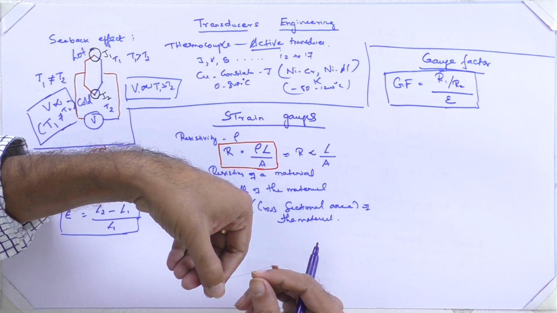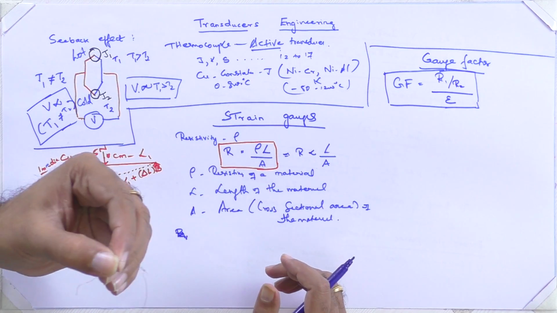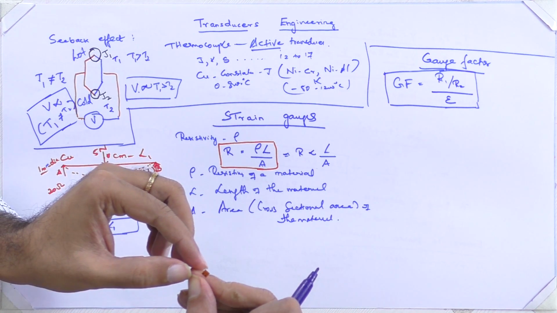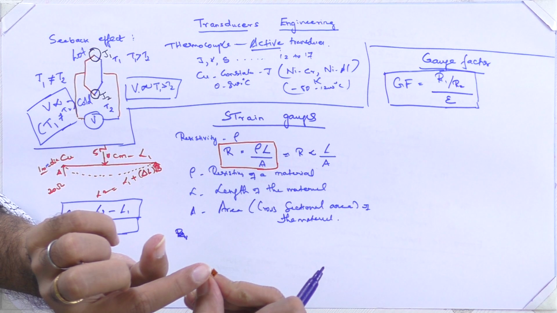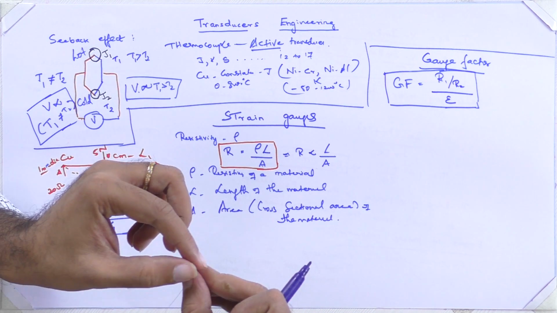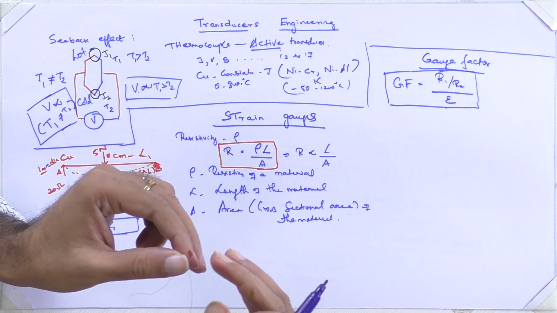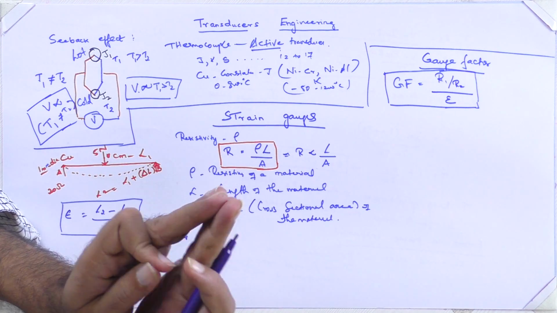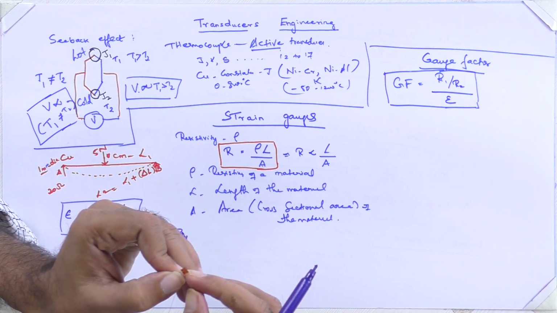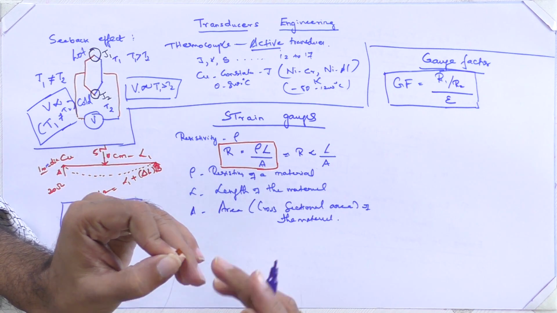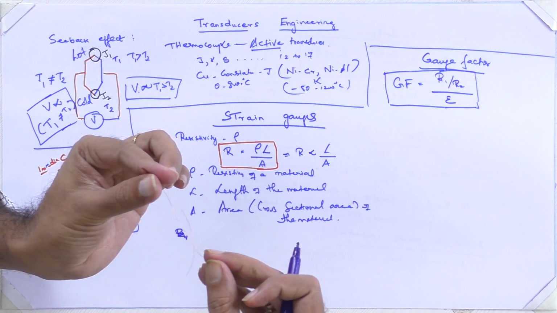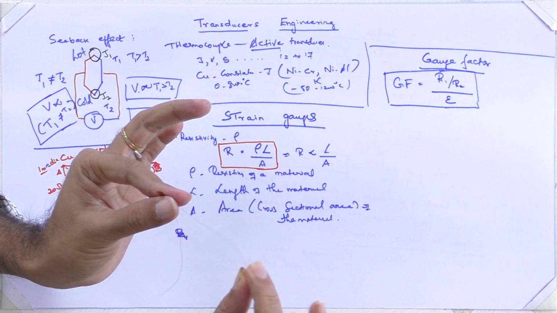Can you see here? There are two ends. Inside this, there are very minute, within millimeter lengths of wire, embedded and sandwiched between two foils. A metallic wire sandwiched between two foils, and just the ends are given to you as two wires.